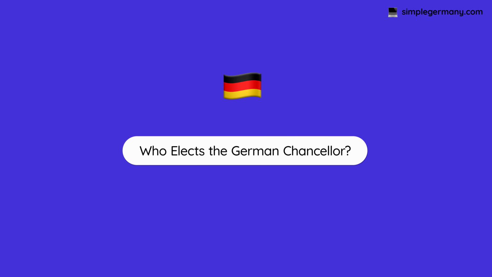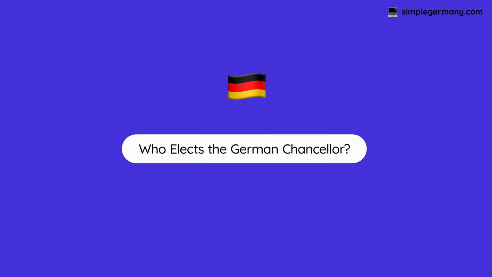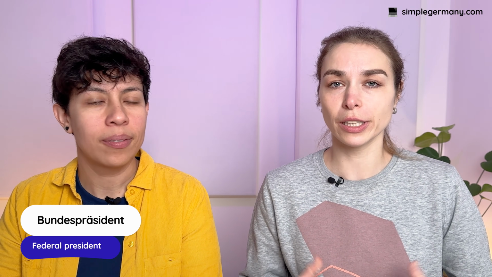And the chancellor is not voted by the people, actually. That's super interesting. How does the chancellor get voted? So once the government is in place, then the Bundespräsident comes into play, who officially suggests the chancellor candidates. Now, this is just an official way, because prior to election, we already know who the chancellor candidates of each party are. But the official way is for the president to announce them for election by the parliament.